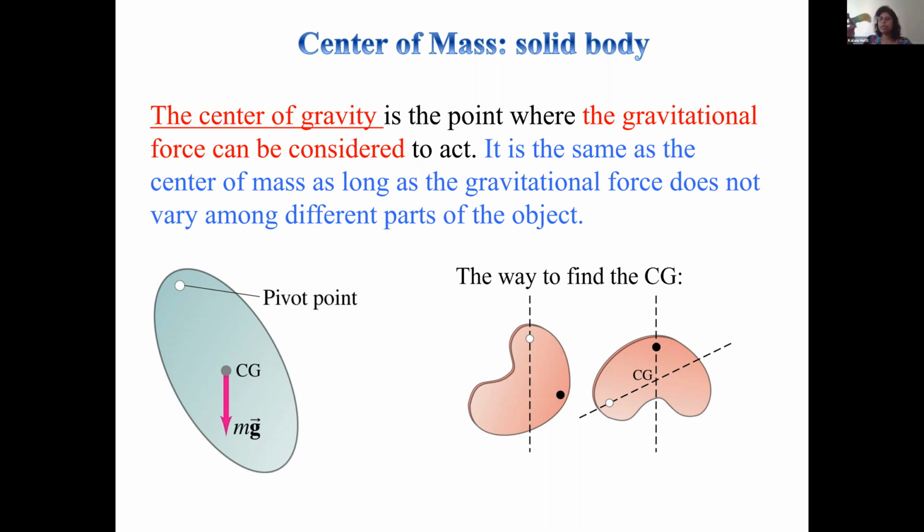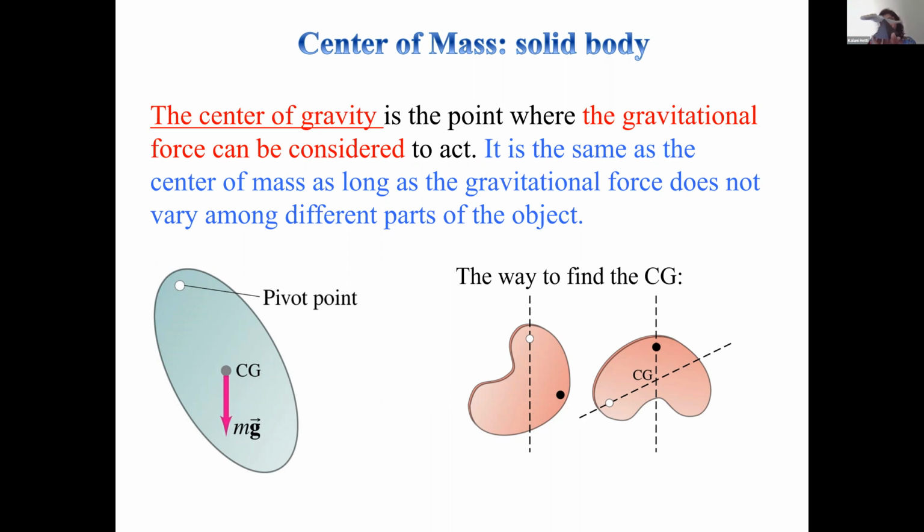Now I have an eagle, a bird, that I can balance by using its beak. You see that I am balancing this object with this pivot point, but its center of mass is not inside the body, its center of mass is on the beak.